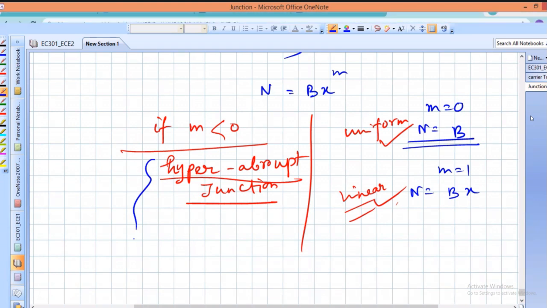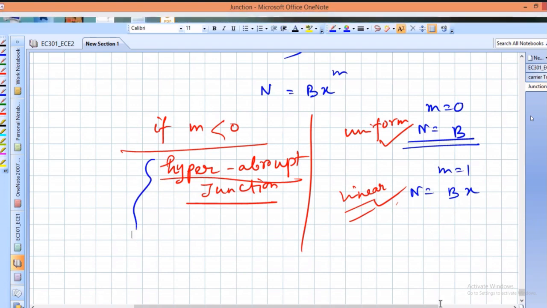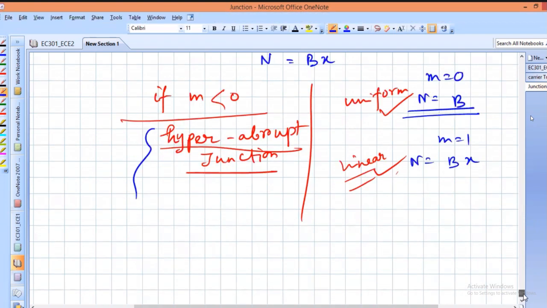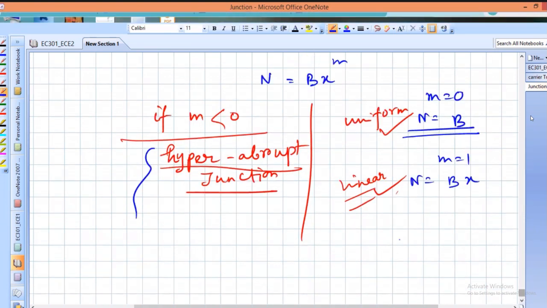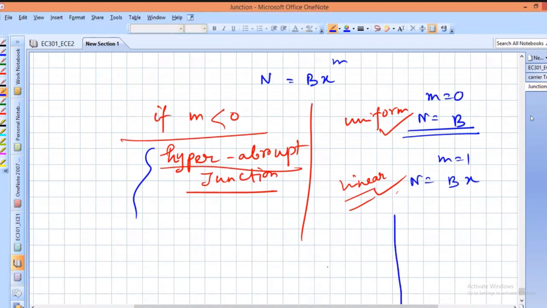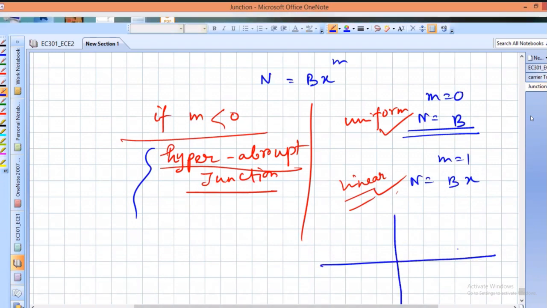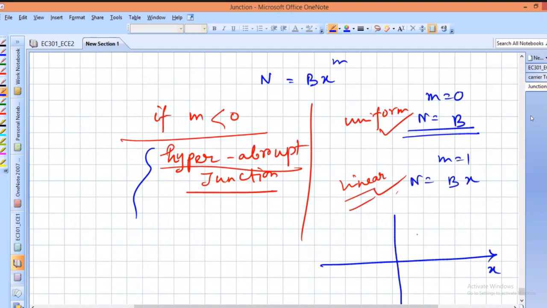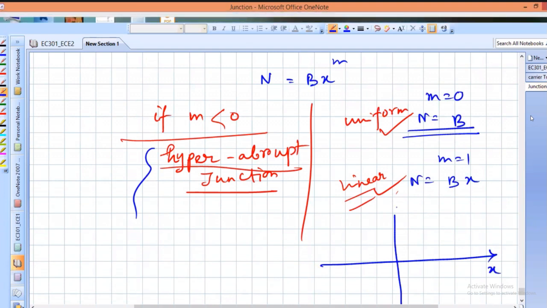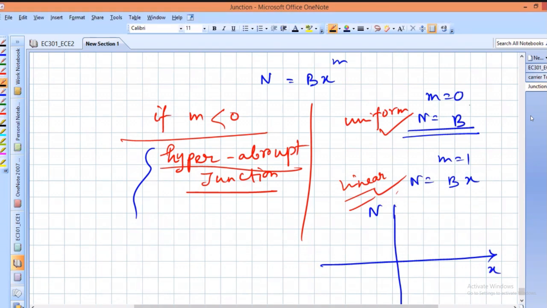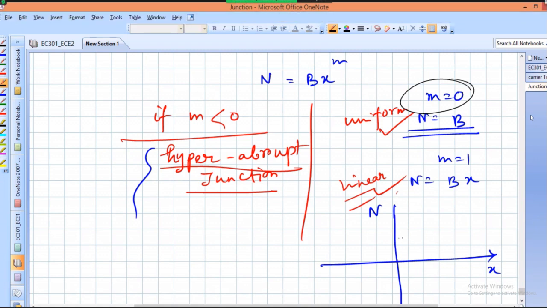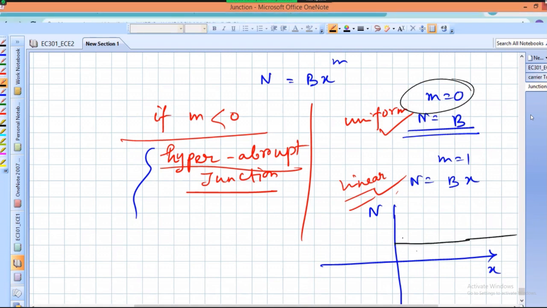I will draw the variation of the doping concentration, then it will be much clearer. So I wanted to plot it. Suppose I consider this is X and this is N. If m is 0, then this is constant.